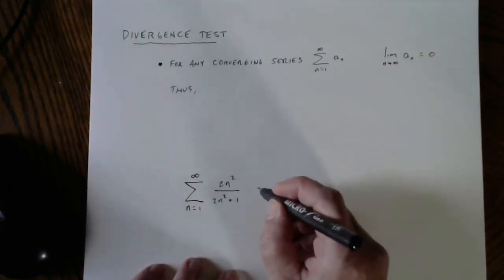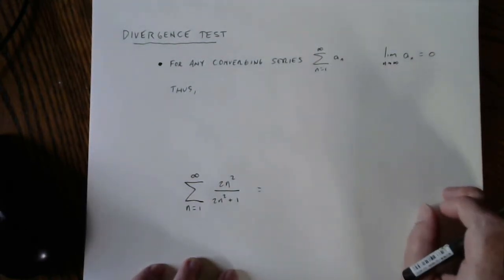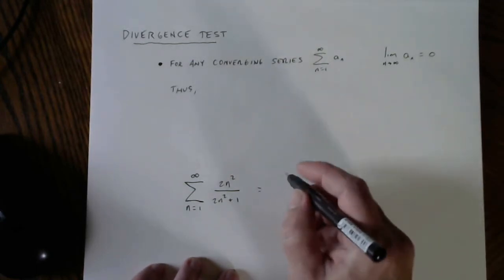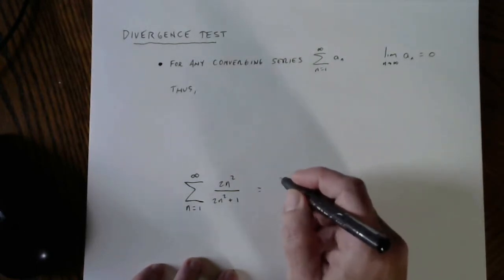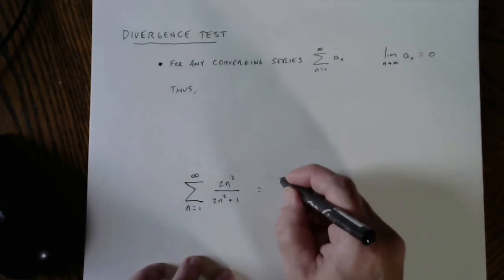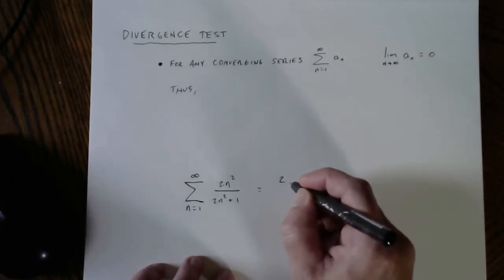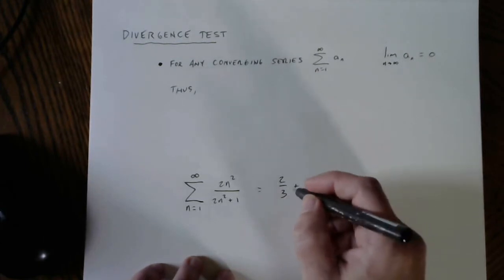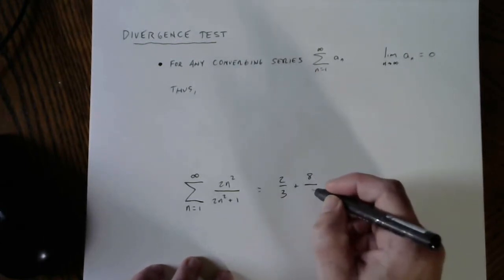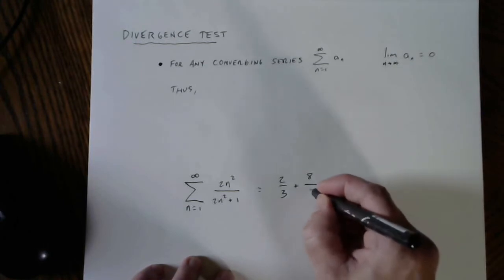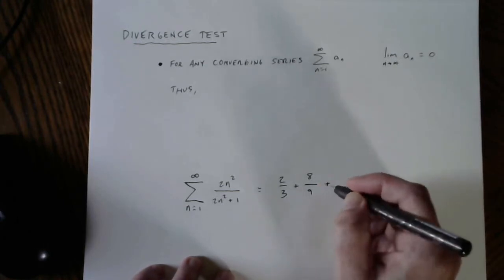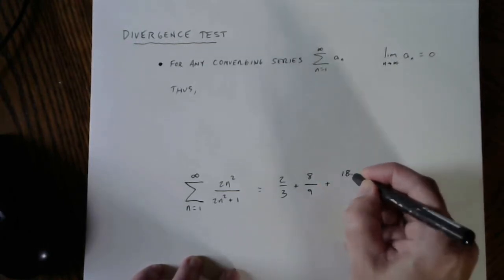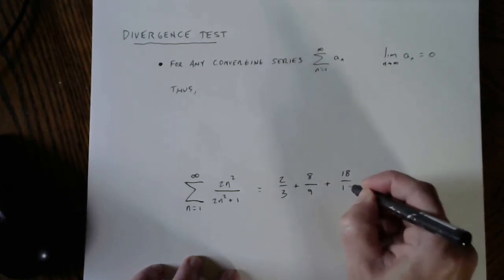So I'm going to have individual terms. I could write a couple of them out. 2/3. What would be next? 4 times 2 would be 8 over 9, right? And what would be next? 18 over 19, and so forth.